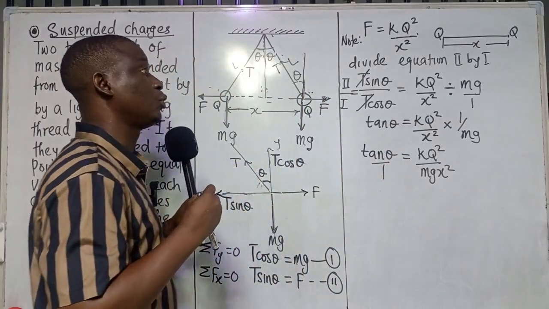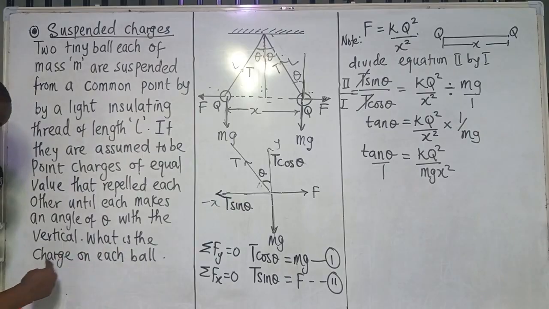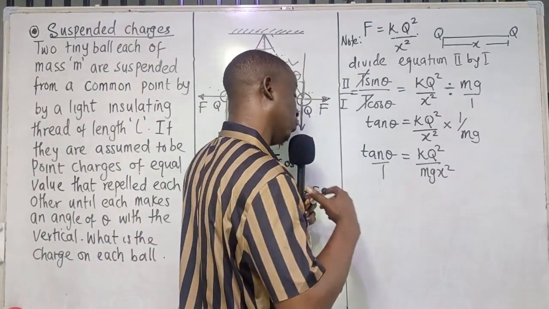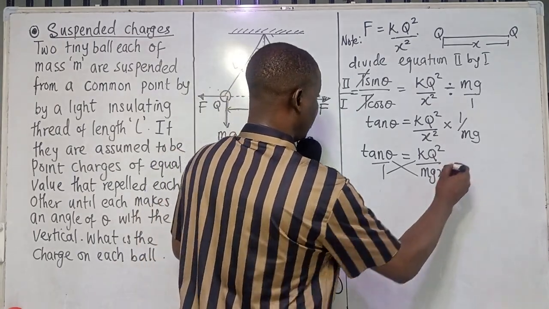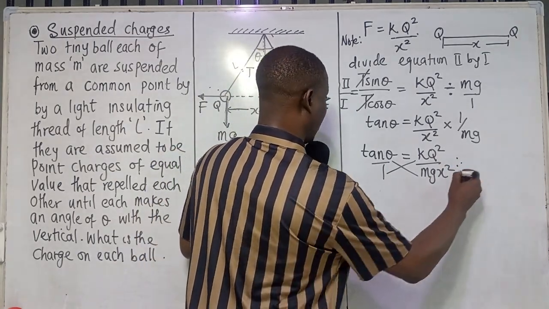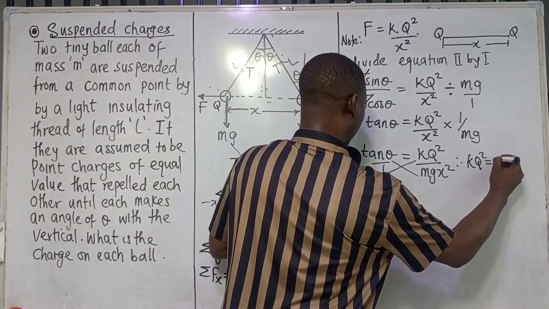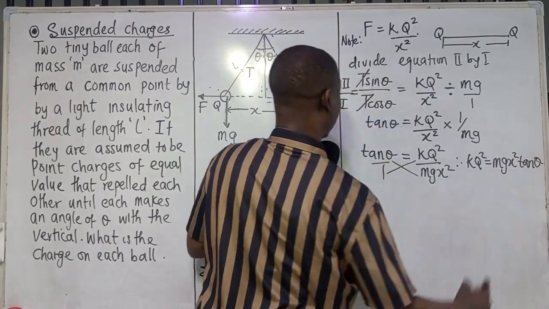Now, because I'm looking for charge according to the instruction here, what is the charge on each? If I can find one, I've solved the two. So let me cross multiply. Therefore, we're going to have KQ square is equal to mgX square tan theta.